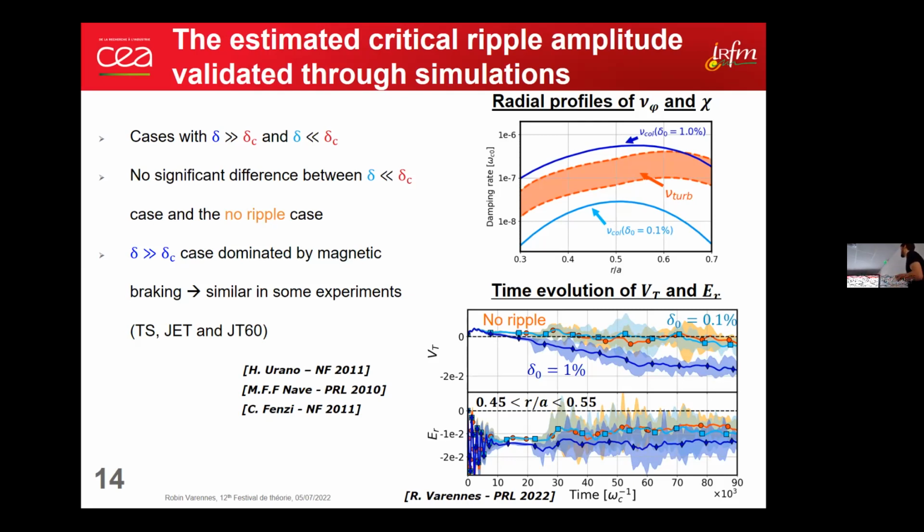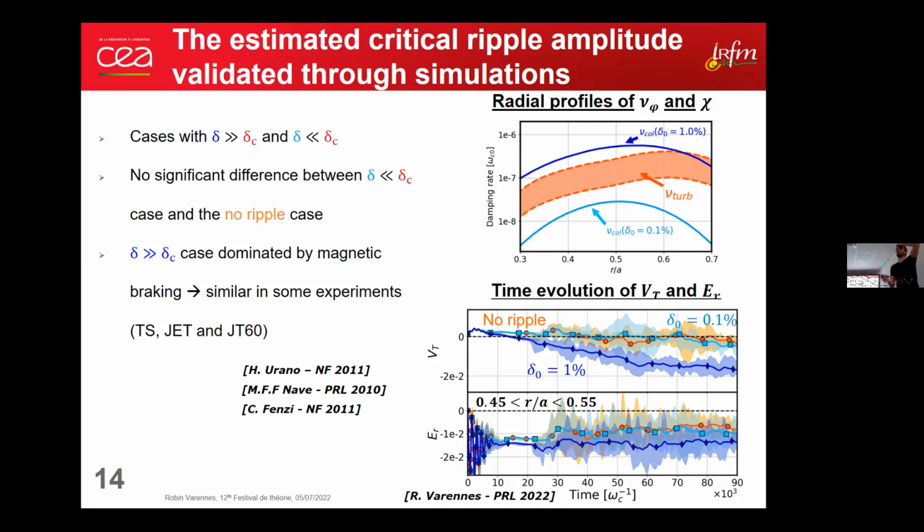Let's say it's a damping rate due to turbulence. And we designed, thanks to the theory, some collisional friction in a way that we are way above or way below this criteria. And so if the model is correct, what it means is that for the high ripple case, so the dark blue here, this case should be dominated by magnetic braking.